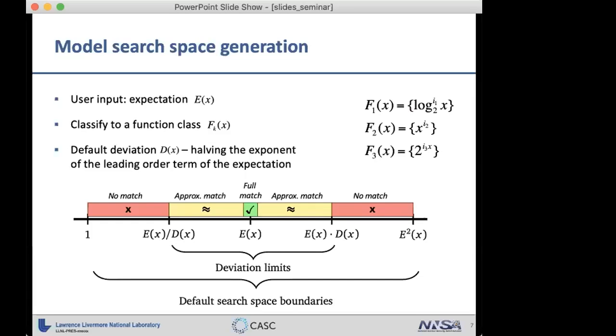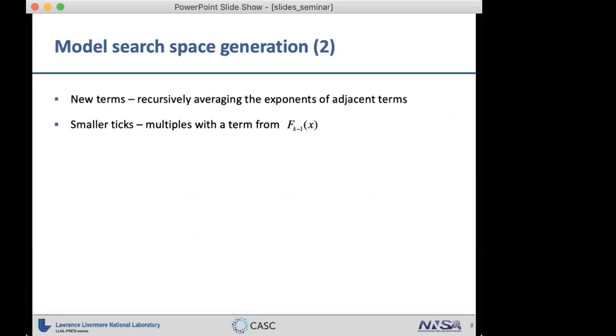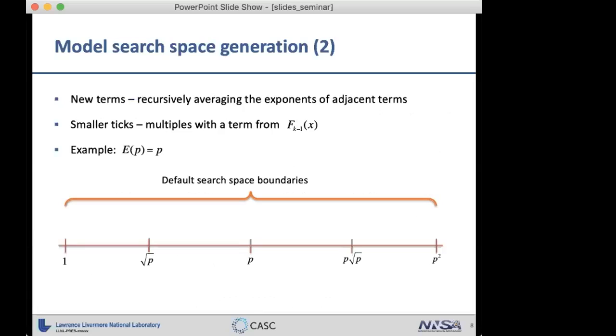We just halve the exponent of the leading order term of the expectation, then take the boundaries and recursively average the exponents.